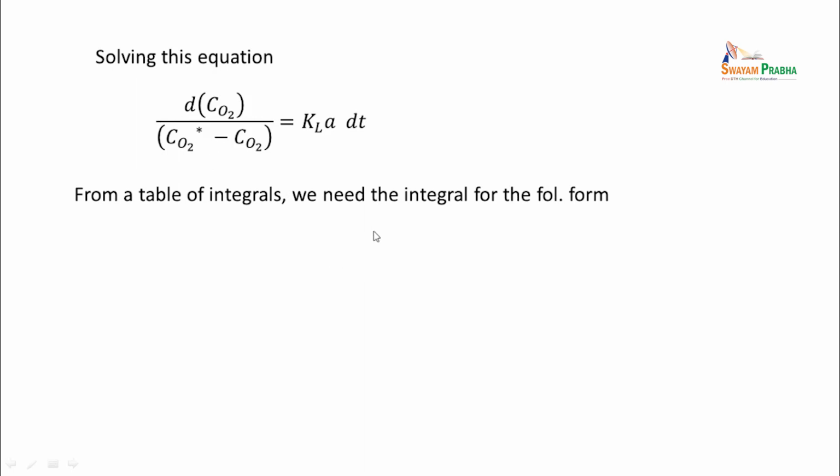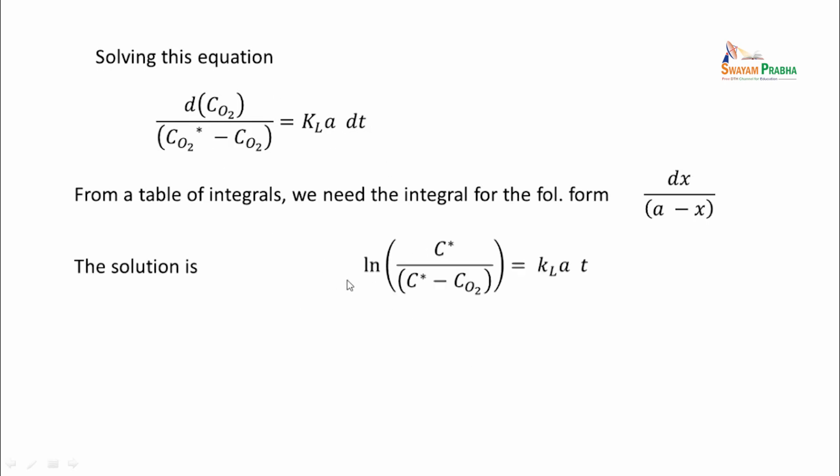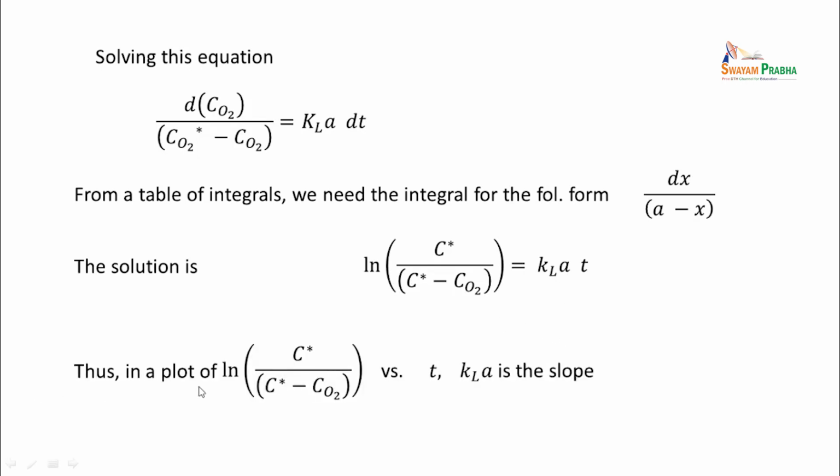KLa dt is straightforward. The solution is the natural log of C star (CO2 star is what I call C star) divided by (C star minus CO2) equals KLa times t. Thus a plot of the logarithm of C star divided by (C star minus CO2) versus time will give us KLa as the slope.